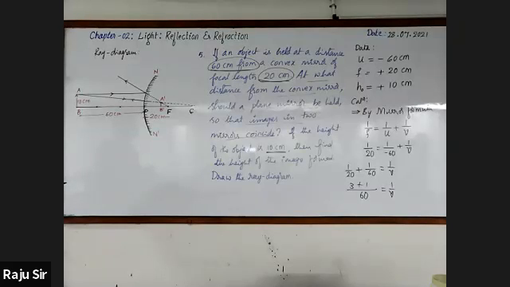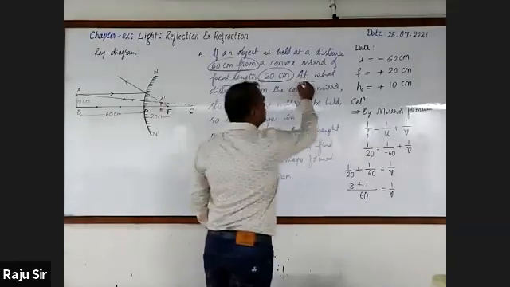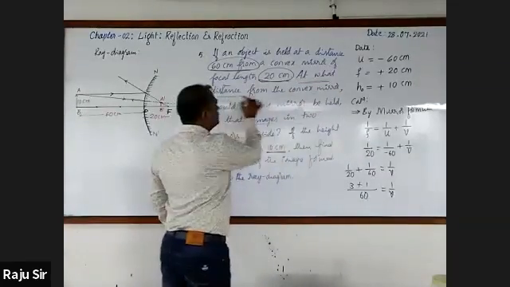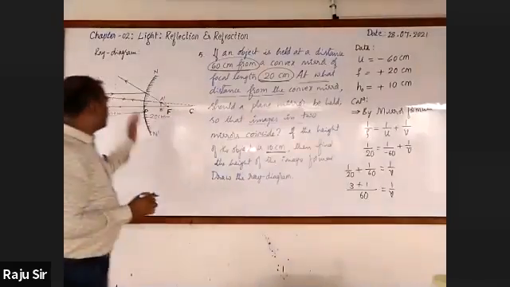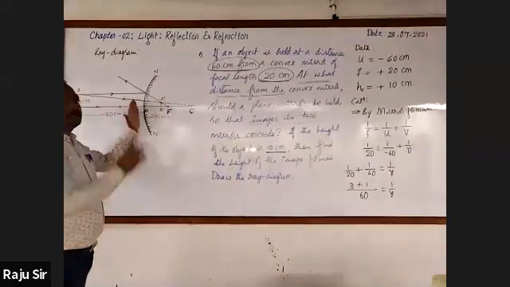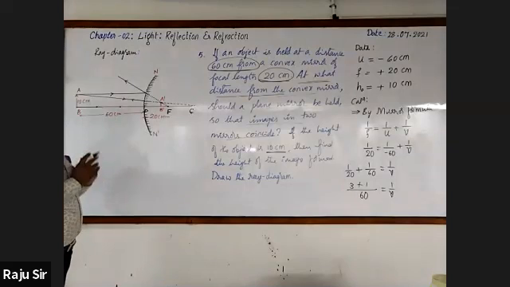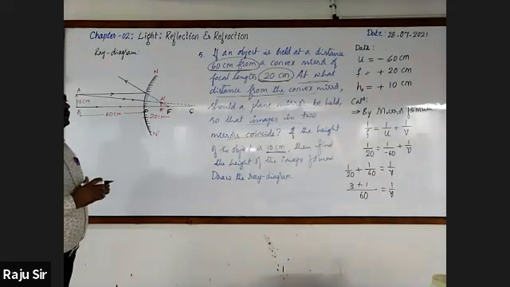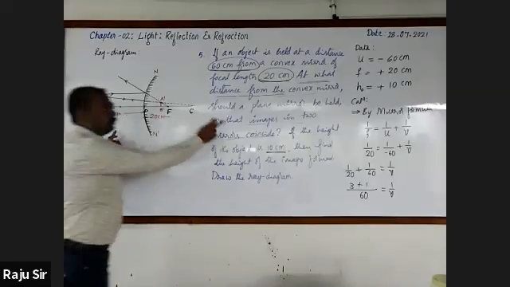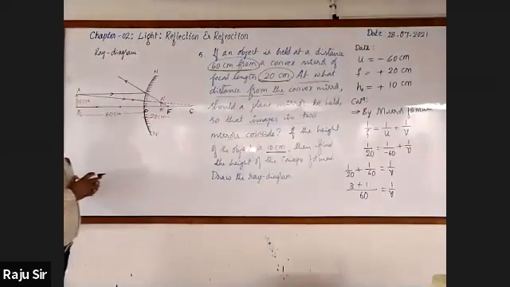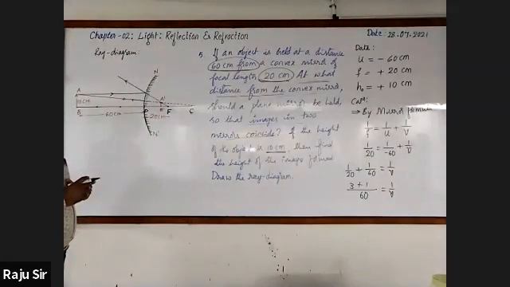Okay. Now, please go through this second sentence. At what distance from the convex mirror should a plane mirror be placed so that images in two mirrors coincide? Did you understand the statement?